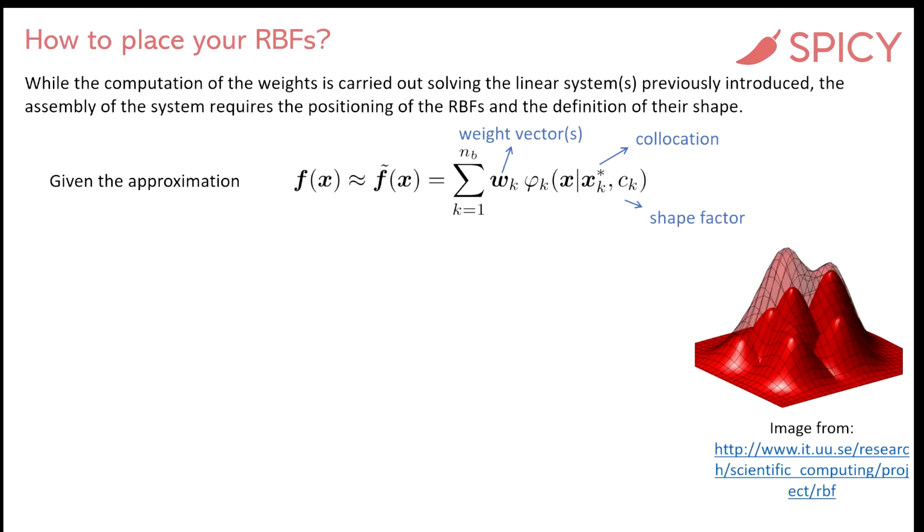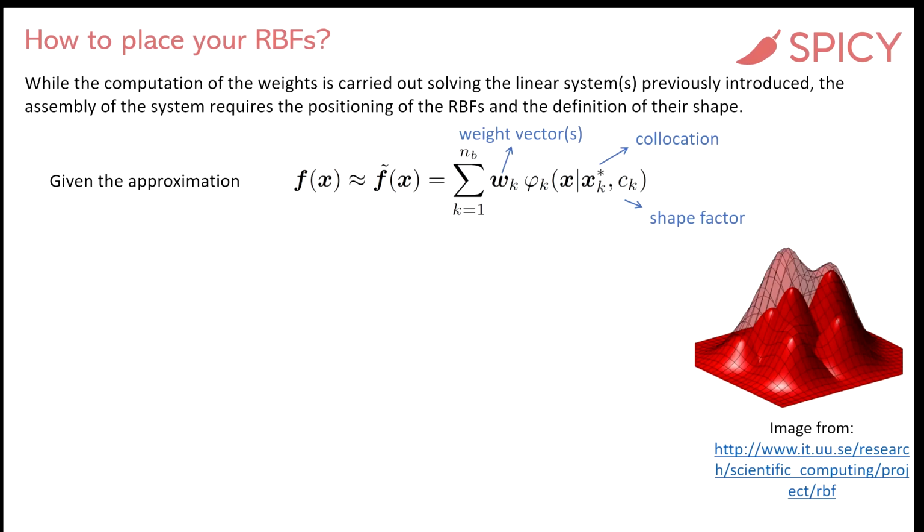For the entire course up to now, I've been telling you, forget about the collocation and the shape factor, imagine that these are given to you, and we are only focusing on the weight vectors. Of course we like this because the problem is linear with respect to the weight vectors.